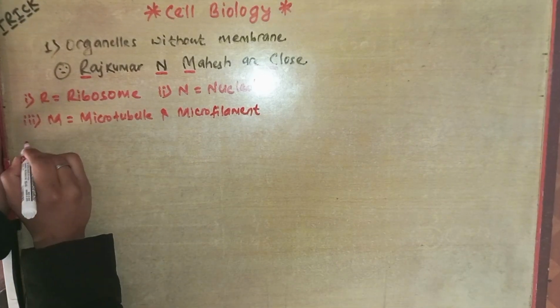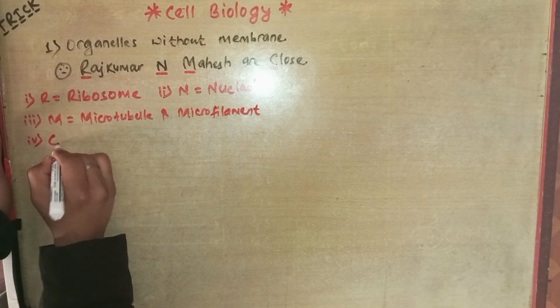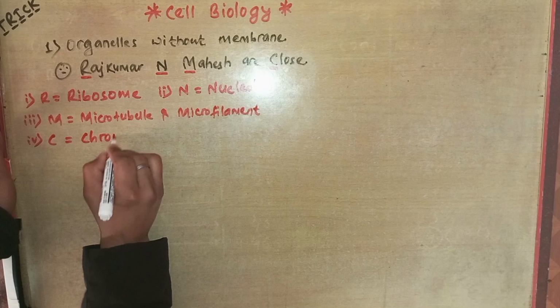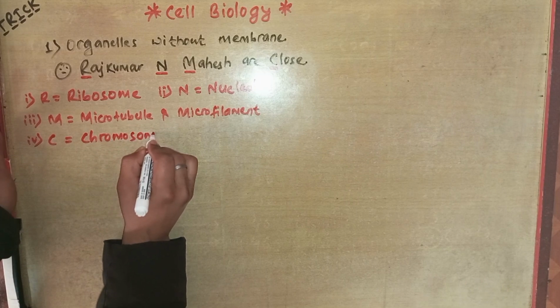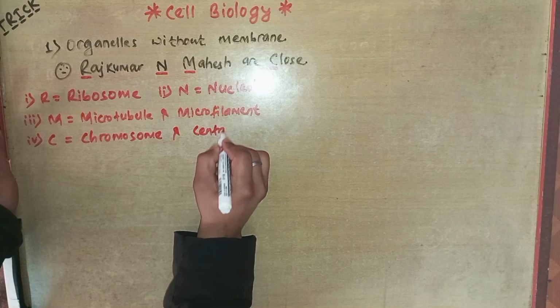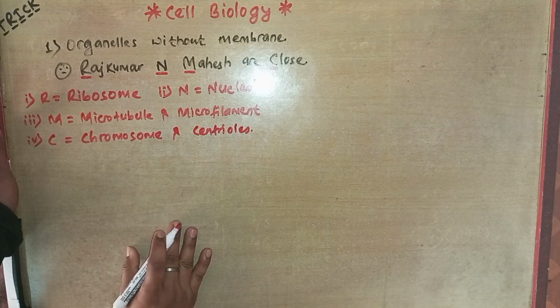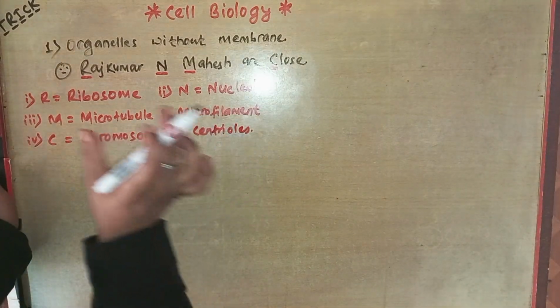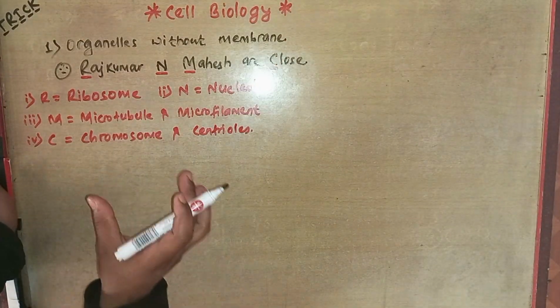And fourth, we have C. C means chromosome and centrioles. This is all about the amembranous cell organelles.